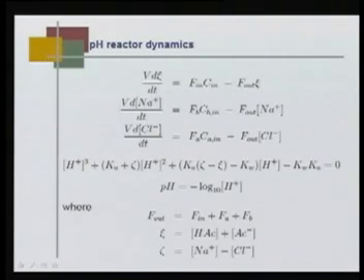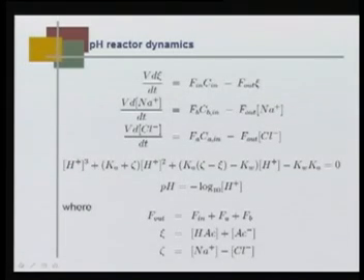So, V d zeta by dt is Fin into the input concentration minus Fout into zeta. Similarly, V times the rate of change of sodium ion concentration is the base flow rate into the input base concentration in the input stream, minus Fout, the output flow rate, into the sodium ion concentration.